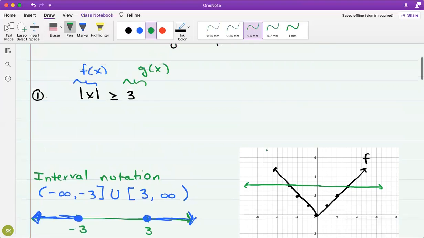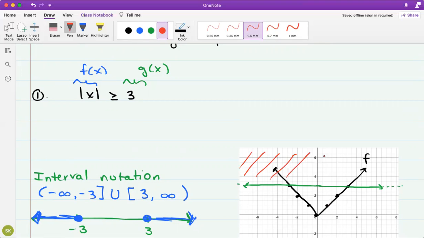So here's 3. If I graph this. Okay. Now before, if we said that this was equal to 3, we would just look and see the 2 points that these two curves intersect. But now we want all the values for when this function is bigger than 3. So if this is 3, and we can continue this out this way and this way, anytime we're bigger than 3 is up here.